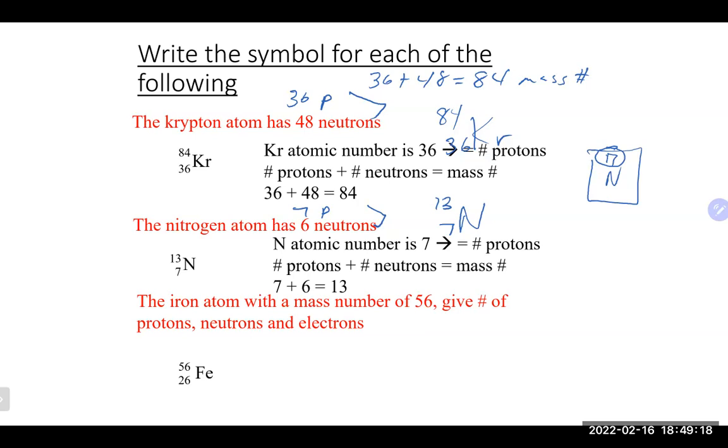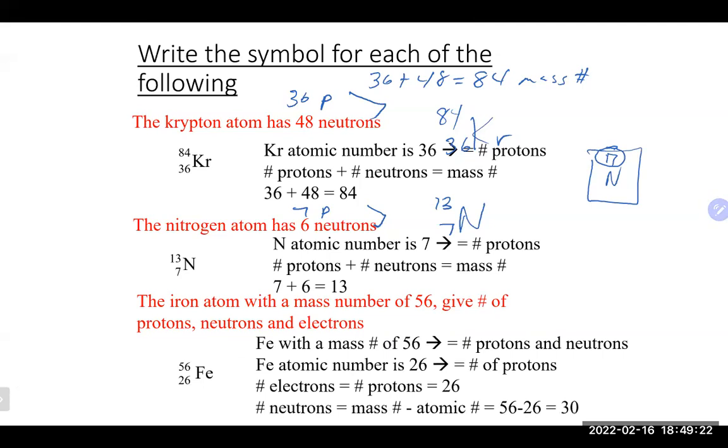Number of neutrons would be 30, 56 minus 26, which is our mass number. So it would have 30 neutrons in that particular case. Any questions on how to figure out protons, electrons, neutrons, mass numbers, any of those questions?